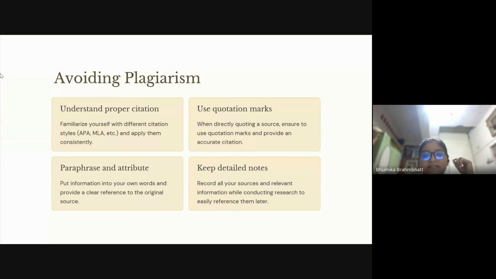Keep detailed notes. A detailed note in the sense that you should mention from where. Sometimes some information is available on all websites, for cases from 1999, 1995, we get them mostly on all websites, right? So in that part, they do not know where they got the citation from.